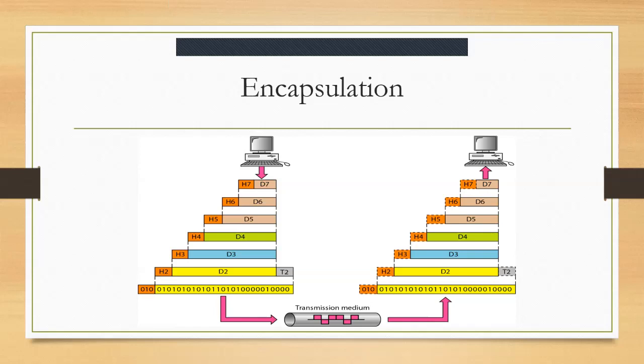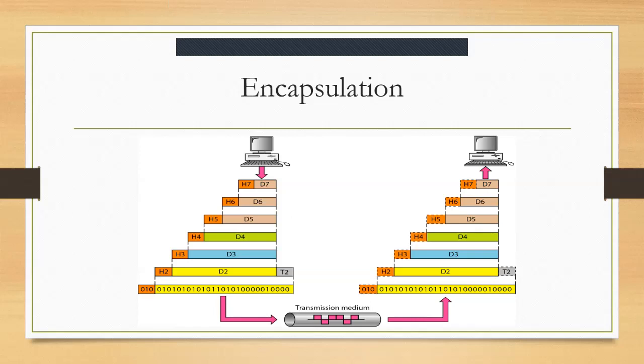There is an exception at the data link layer. It attaches a header, but along with it, it will attach the trailer also. At the receiver side, there is decapsulation, which is removing the headers corresponding to those layers and then delivering the data to the upper layer.